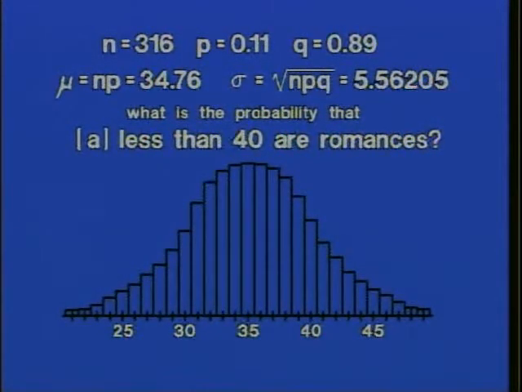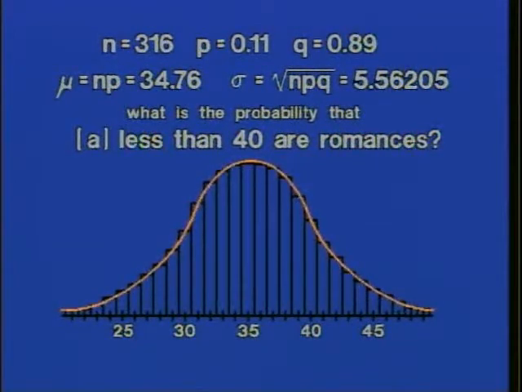So we understand that under certain circumstances, that is, the circumstance that NP is greater than 5 and NQ is greater than 5, under those circumstances a normal distribution will emulate this binomial distribution. So we can think about the normal distribution overlaying the binomial distribution.